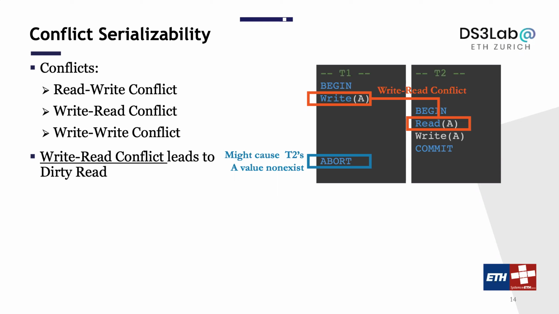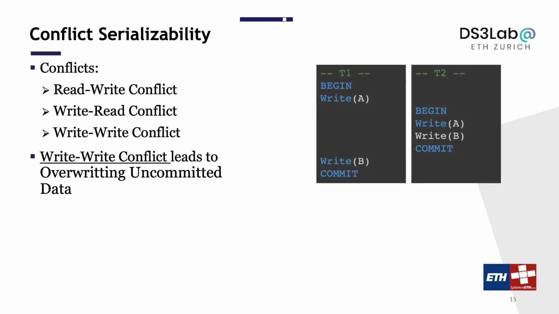But if you swap the order, if you read A first, you write A, then you abort, you actually do not have this problem. So as you can see, the order of these two operators actually matters. For different orders of them, you are going to get different anomalies.